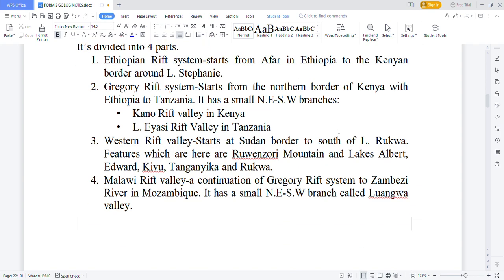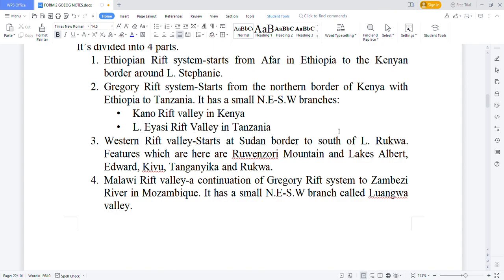Number 3, the Western Rift Valley, starts at the Sudan border to south of Lake Rukwa. Features here are the Ruwenzori Mountains and lakes Albert, Edward, Kivu, Tanganyika, and Rukwa.